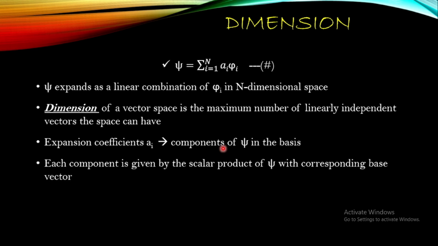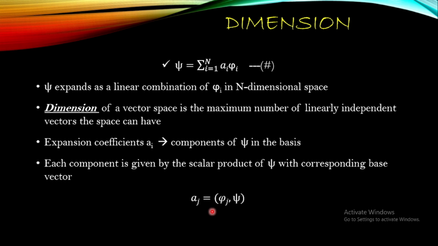And each component is given by the scalar product of xi with the corresponding basis vector, which can be given as a_j equals the inner product of phi_j with xi. Similarly, a_i will be equal to the inner product of phi_i with xi. In this manner, we can also find the components, which are nothing but the expansion coefficients.